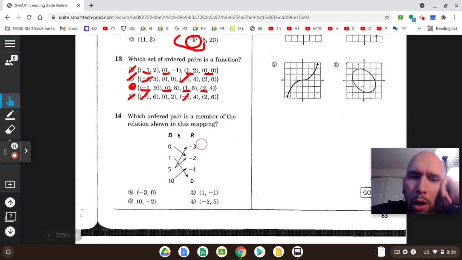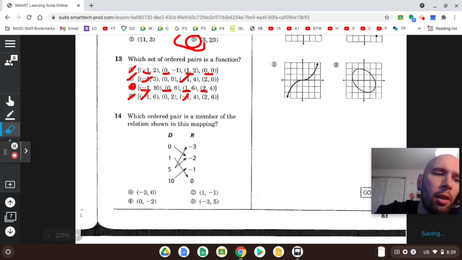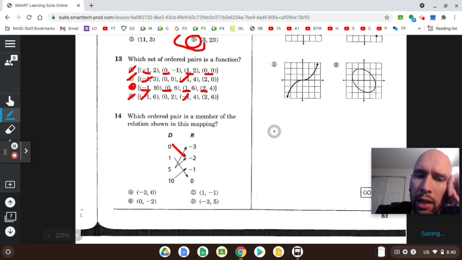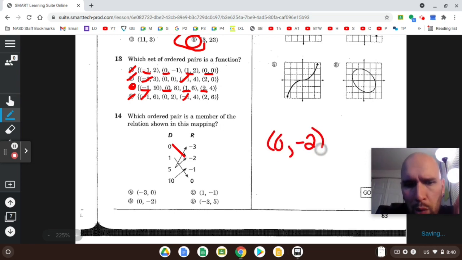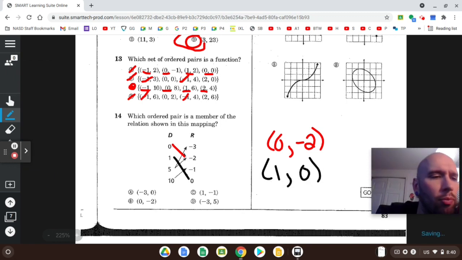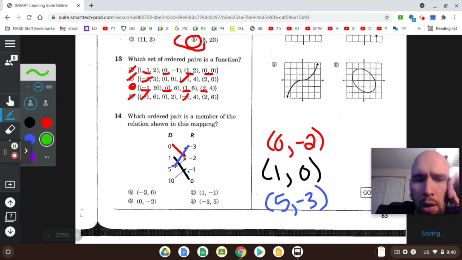Mapping diagram. Which ordered pair is a member of the relation shown in this mapping? All right, so there's 5 points here. 0 goes to -2. 1 goes to 0. 5 goes to -3. 5 goes to -2.